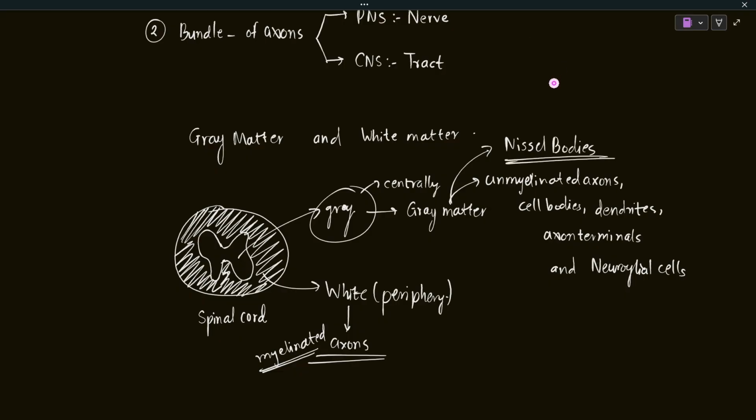So Nissl bodies are the free ribosomes and the clusters of rough endoplasmic reticulum which are found in the neurons.